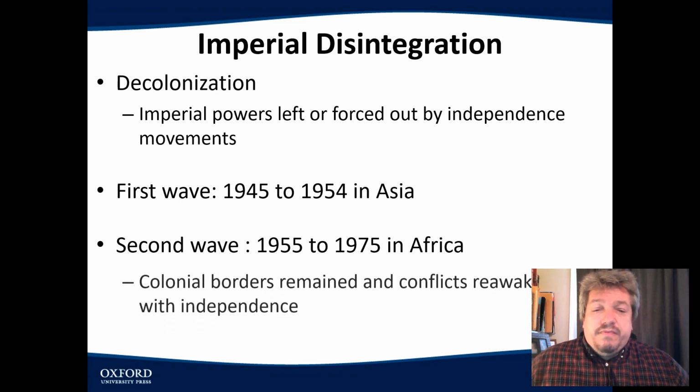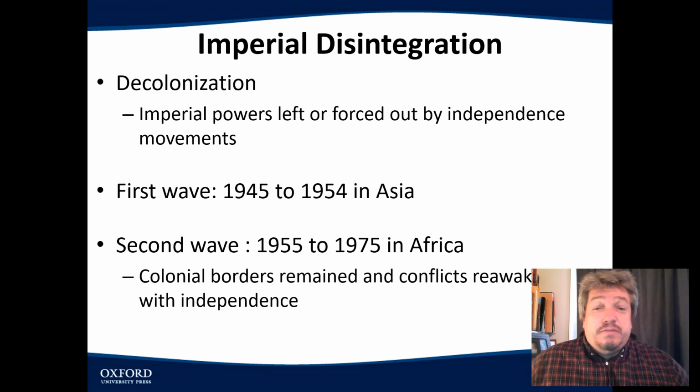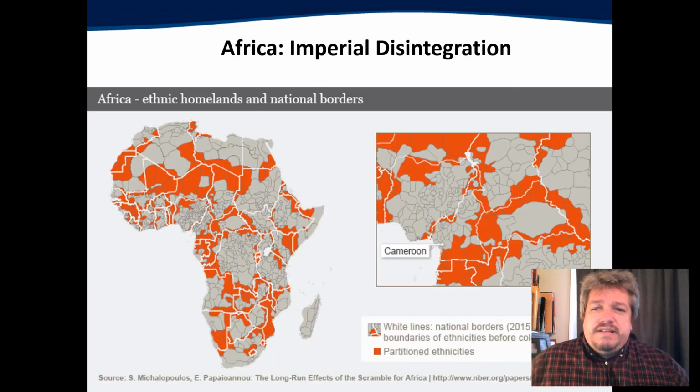One of the issues we've had, though, especially in Africa, as I'll show you in the next slide, is that those borders of the colonies remained, but there were conflicts with that. So remember when I said these borders, the white lines here, these were drawn by men in a conference room in Berlin? They didn't account for several facts on the ground. This is Nigeria right here. My cursor is. Let's zoom in. Nigeria and Cameroon.